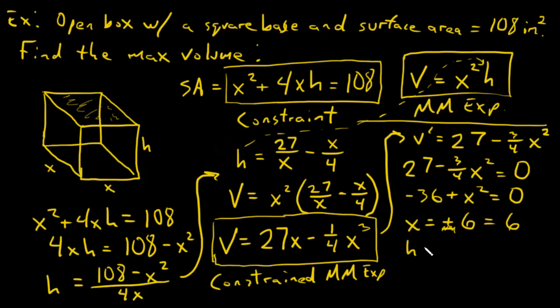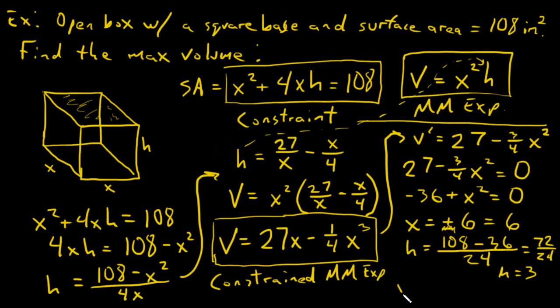So h is going to equal 108 minus x squared, which is 36, divided by 4 times 6, which is 24. So 108 minus 36 is 72 divided by 24, which is, drum roll, h equals 3.